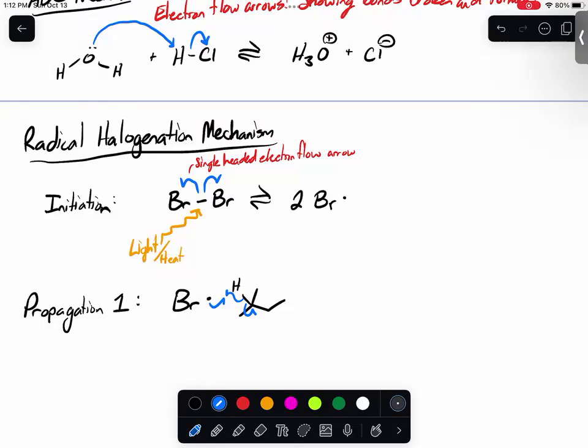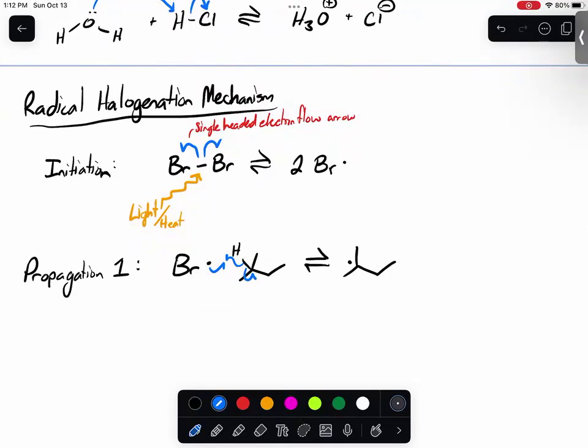Because the other one went to form that hydrogen bromine bond. So in the end, what we see is that we now have this tertiary radical, right? Because we just found out how to name these, right? We've made a tertiary radical and we've made HBr.